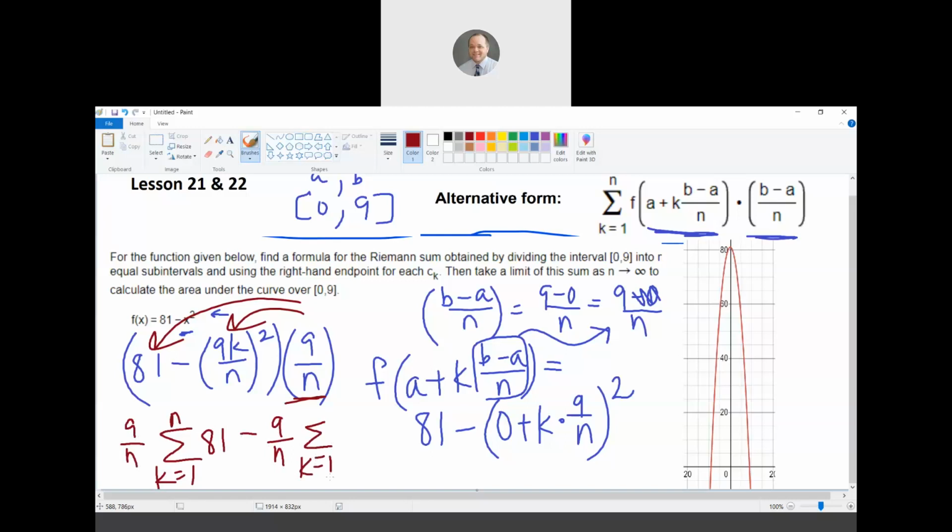The second sum is going from 1 to n of our 9k over n quantity squared.